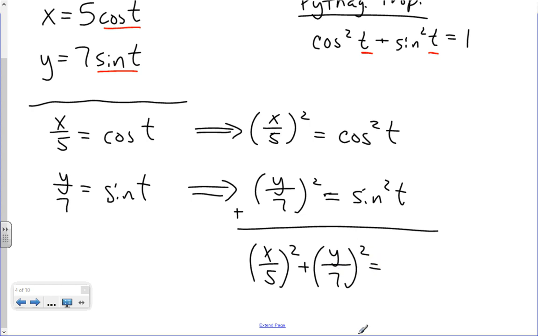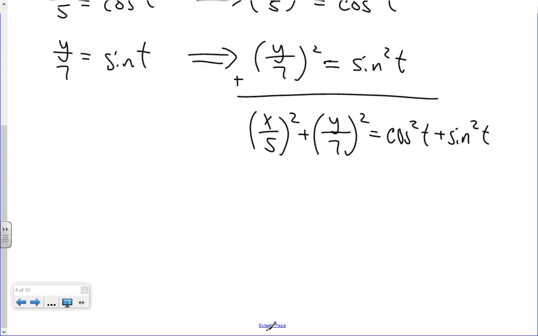And over on the right side, I'm going to have cosine squared t plus sine squared of t, which we just refreshed our memory on, that cosine squared of t plus sine squared of t, that's our Pythagorean property, is equal to 1. I can rewrite this as x over 5 squared plus y over 7 squared is equal to 1.